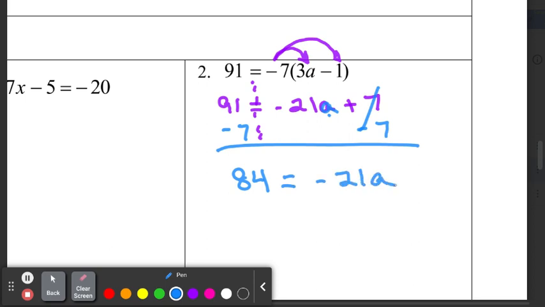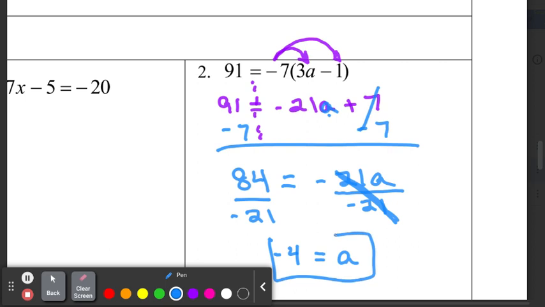And that is negative 21 times a. So the opposite of times is divide. Because our a is on the right-hand side, just double check that you're dividing by the number that's touching that variable. 84 divided by negative 21 is negative 4 equals a.